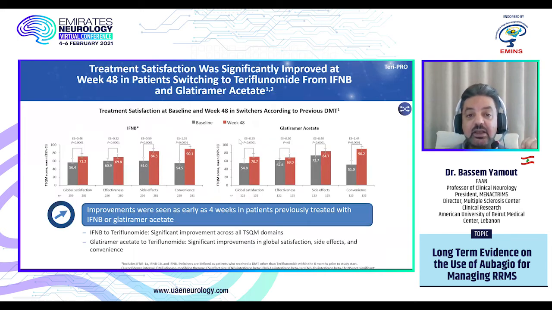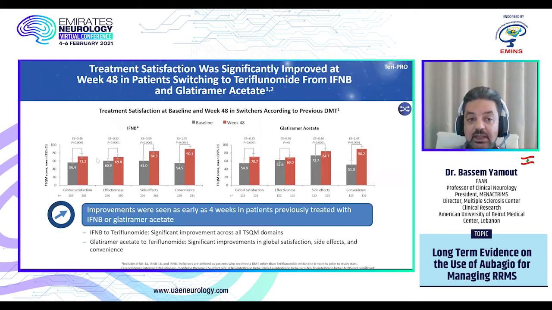Interestingly, if you look, for example, at the patients that shifted from interferon to Obagio, usually due to tolerance effects, and we look here at the global satisfaction, interferon in gray and Obagio in brown, we can see a significant increase in the satisfaction score once shifted from interferon to Obagio.